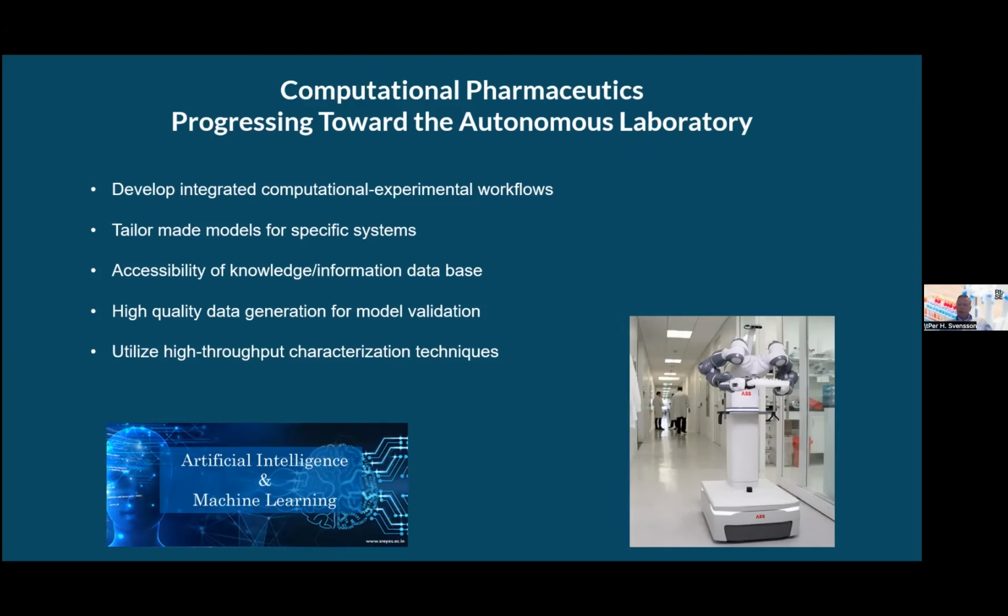And finally, we need to implement more high throughput characterization techniques, for example, high throughput microscopy and spectroscopy, as well as X-ray diffraction, to rapidly analyze the properties of materials and screen larger sample libraries.